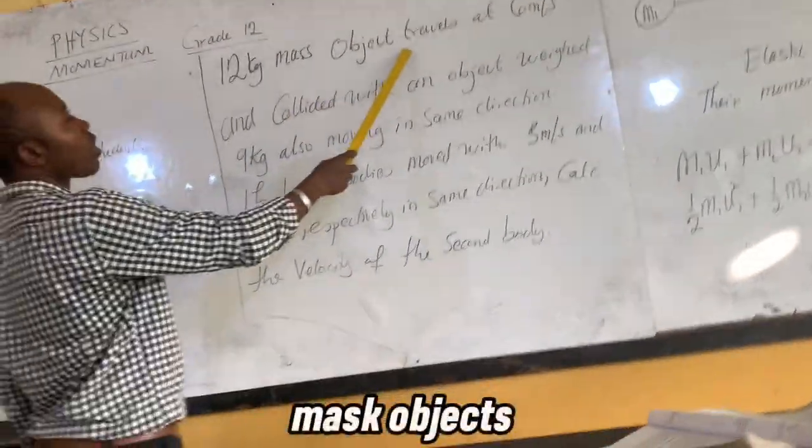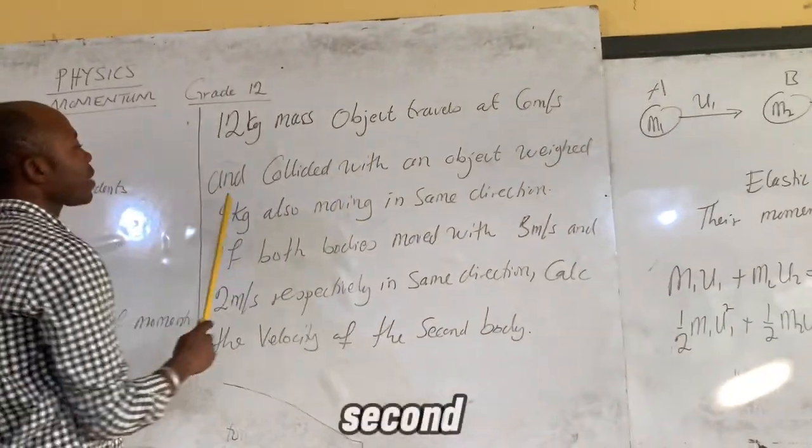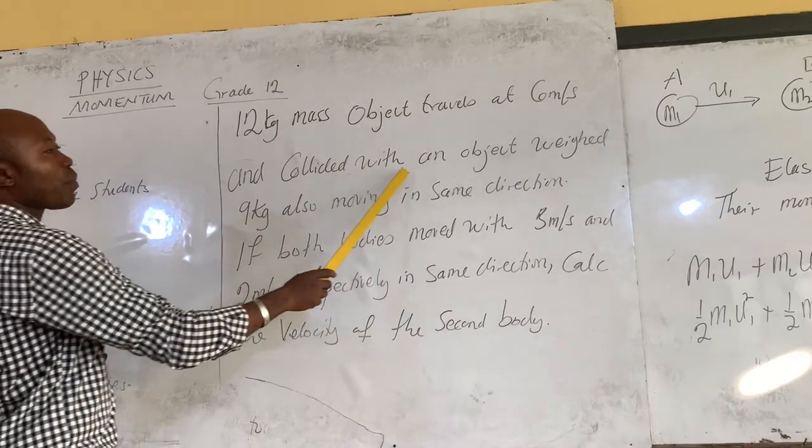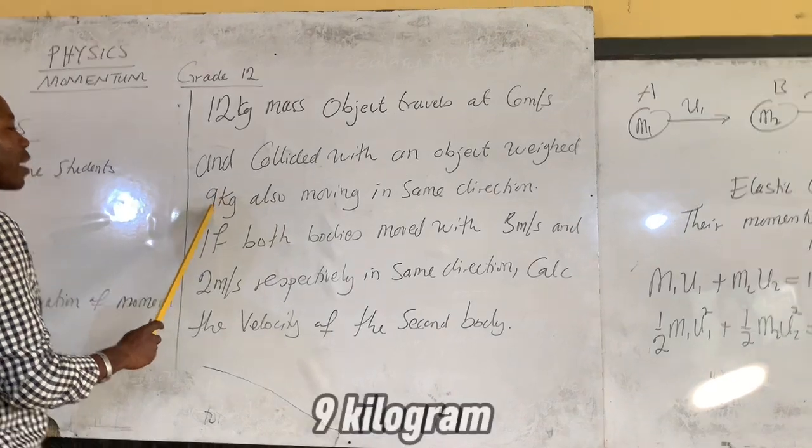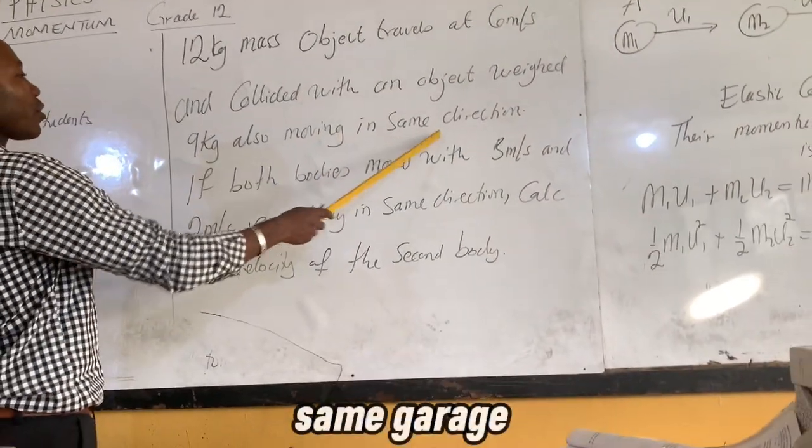A 12 kilogram mass object travels at 6 meters per second and collides with a 9 kilogram object, also moving in the same direction.